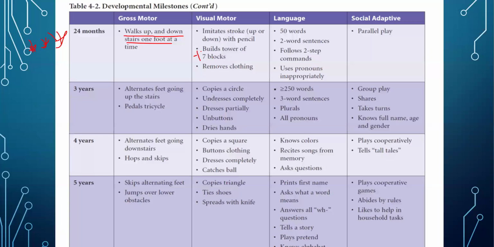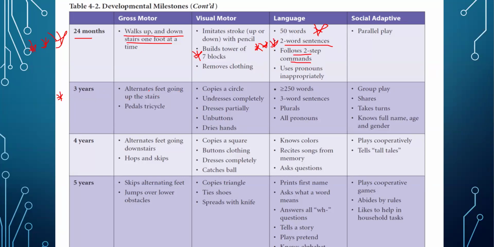Visual motor, they can build tower of 7 blocks. They can remove their clothing. They know 50 words by the time, and this one comes in exam. So they can have 2-word sentence. So 2 year, 2-word sentence. And follow 2-step command.